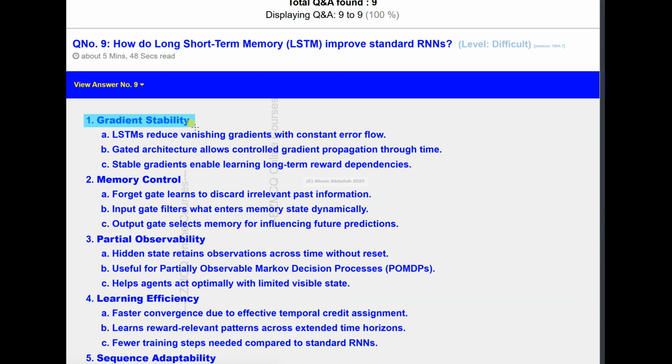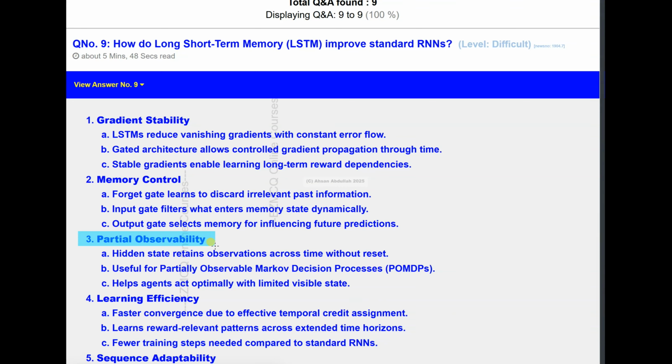Delayed reward, as I spoke with you, is like playing chess. Then is the memory control. Gated memory architectures allow LSTMs to learn what to remember and what to forget. It enhances the focus on important states or transitions over the period of time.